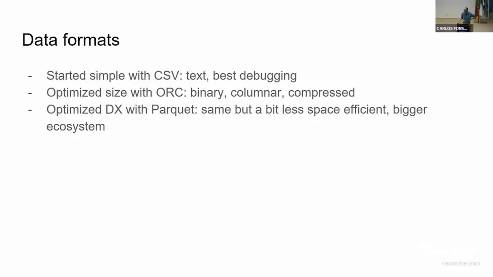The problem with ORC files is that the tooling is mostly in Java. And so we, being Python developers, didn't like that much. And so we optimized for developer experience instead with Parquet files. Parquet files are a bit less space efficient. They're about 15% bigger than ORC files, but they have a huge ecosystem.